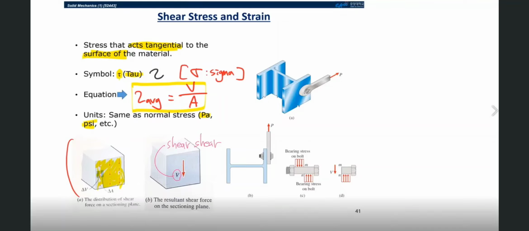So we can sum up then using the bar structure. We can define normal stress, including normal force, which is the force perpendicular to an area, right? This area. So this is for normal stress.